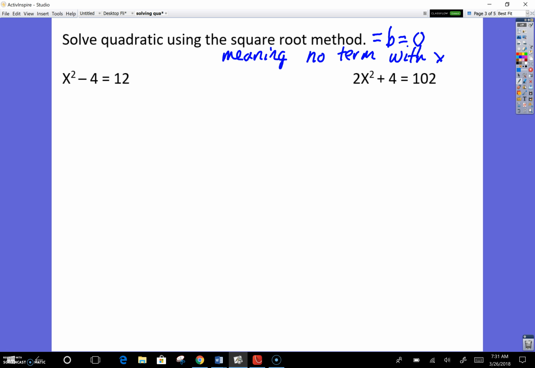So when you solve this, it is almost like solving a linear equation. Step 1, you isolate the x squared. Just like the other one, plus 4, plus 4.